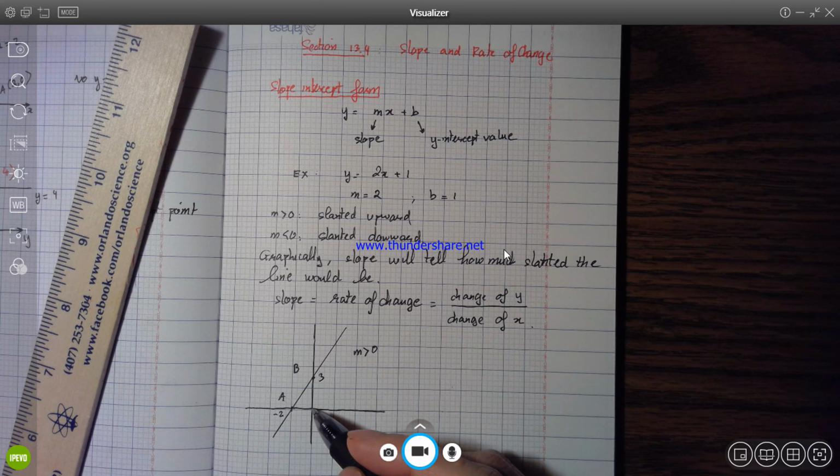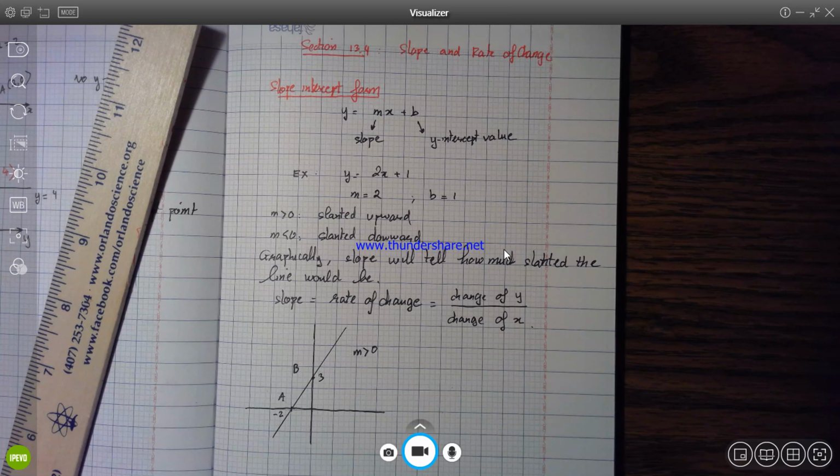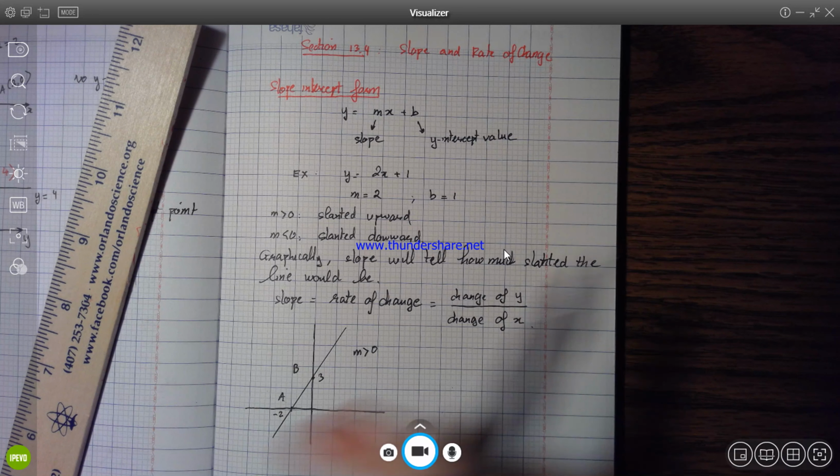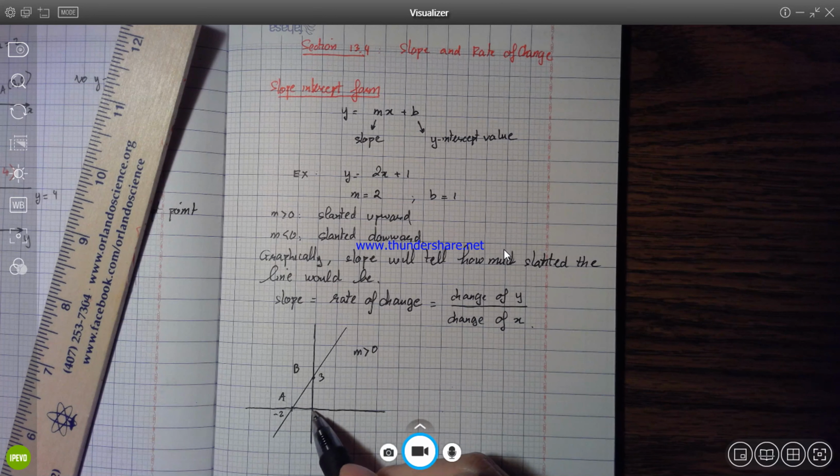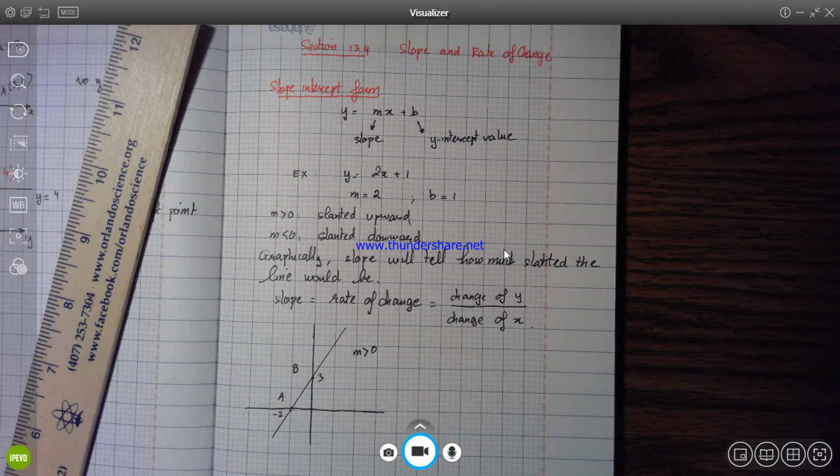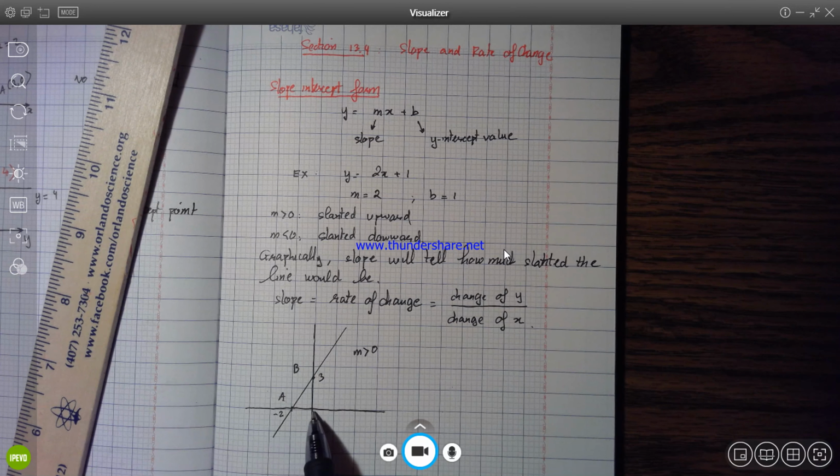It goes from 0 to 3, right? So, do you see the change in y? You start from the origin, and you go from 0 to 3. And similarly, you start from the origin, you go from 0 to -2.